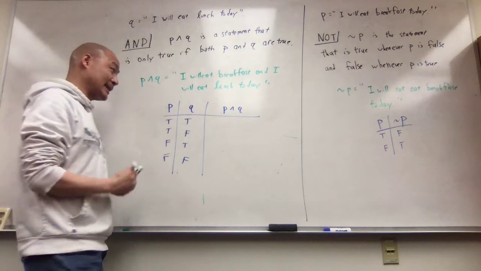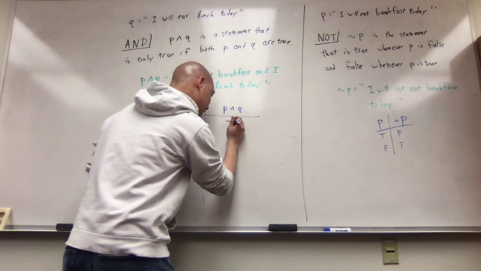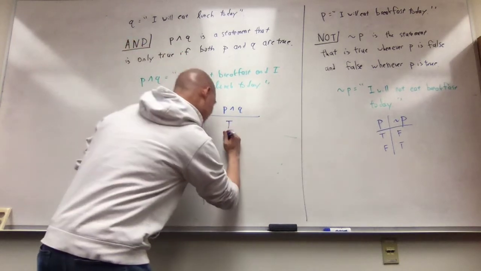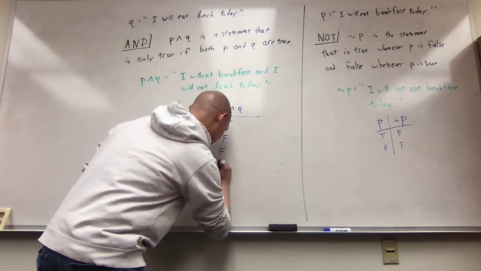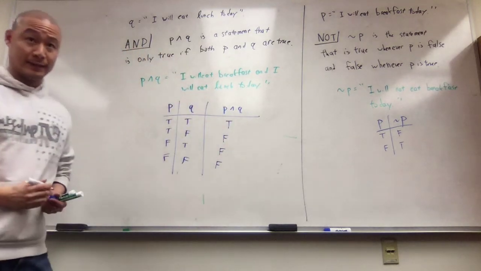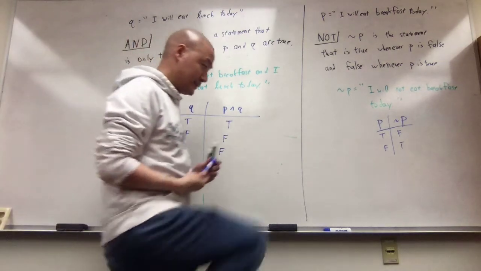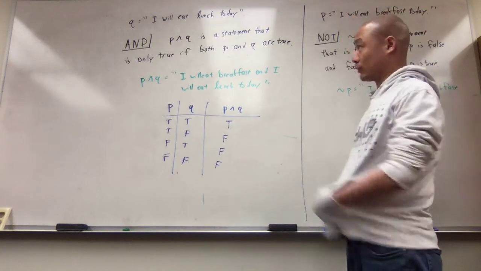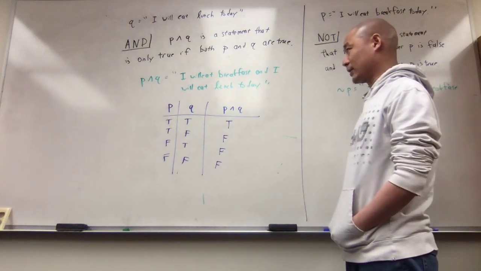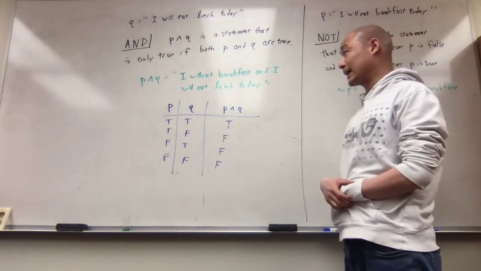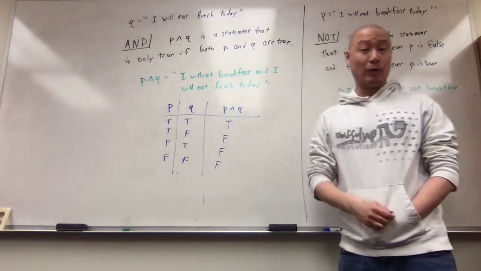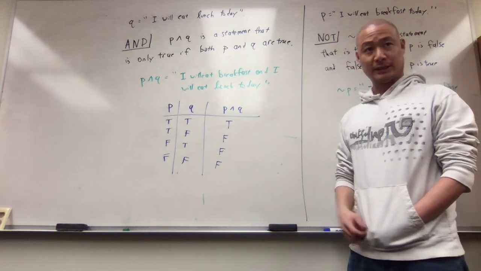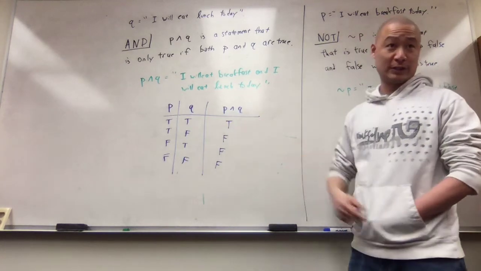And in this case, P and Q is true when P and Q are both true, and false otherwise. And so in the example of our meal scenario, if you make this statement, "I will eat breakfast and I will eat lunch," and you end up eating both, you told the truth. Any other circumstances means that you lied. So that statement is true if you do both, false otherwise.